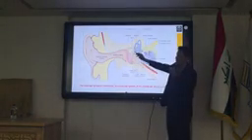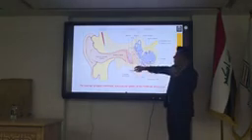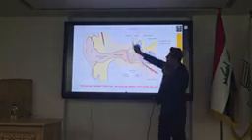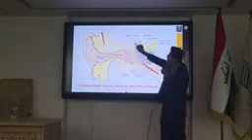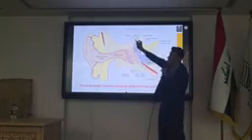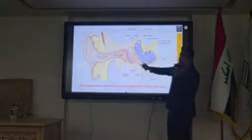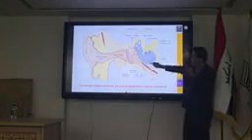Inside this cavity we have air, right? Let's see the ossicles. The first one is malleus, second one is incus, the third one is stapes. Stapes is in front of the oval window, right?